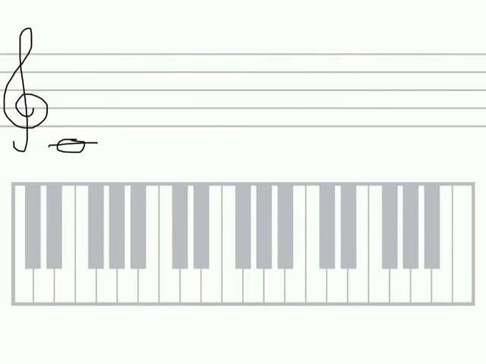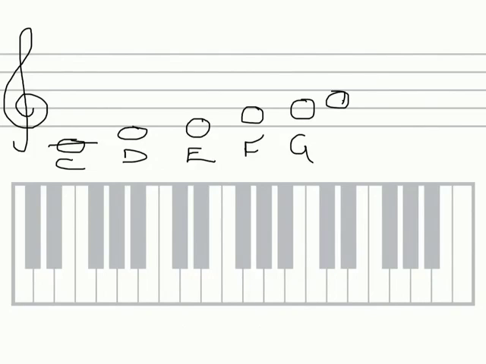This note is middle C. The next step up on the staff is this space note, and that is D. So we now have C, D, next is E, next we have F, G, A, B, C. You get the idea.